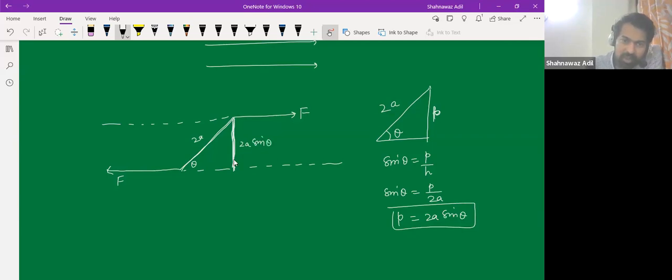So now I have this perpendicular distance and I have this force. So what would be the torque? Torque would be F times 2a sine theta, because we know that couple is force into perpendicular distance. This is the couple.